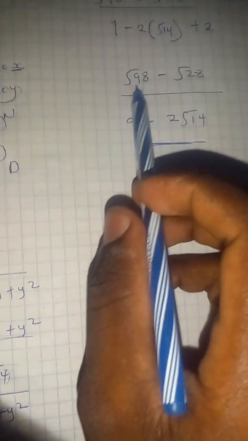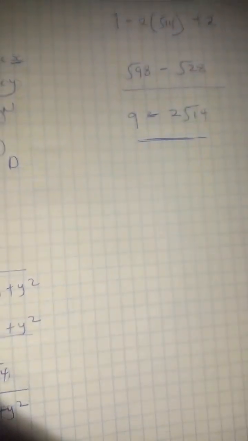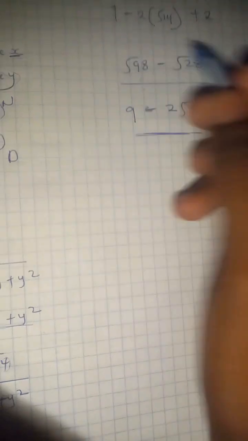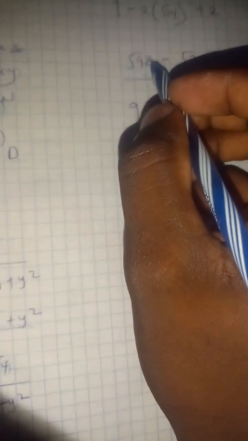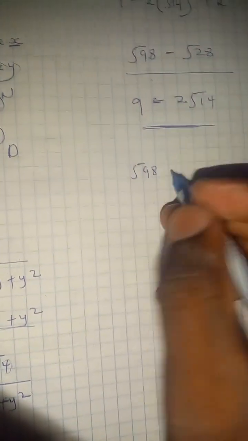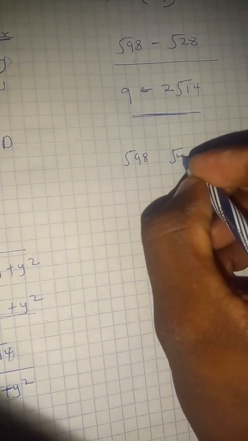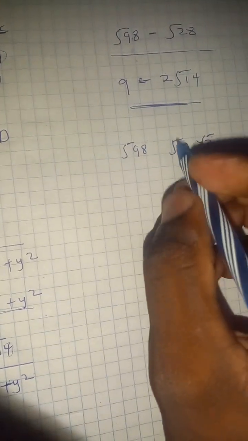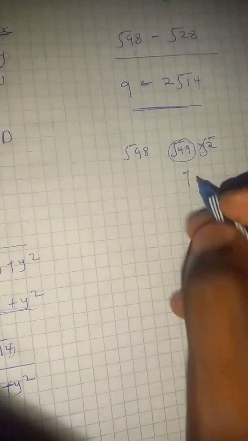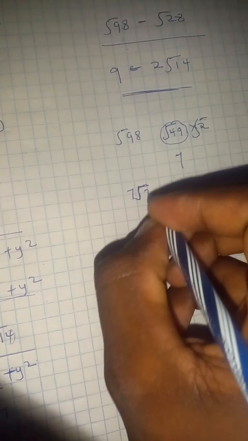Now the numerator can be simplified. Root of 98 can be simplified further: it is root of 49 multiplied by root of 2. Root of 49 is 7, so it will be 7 root of 2.